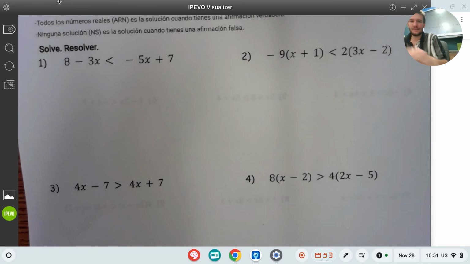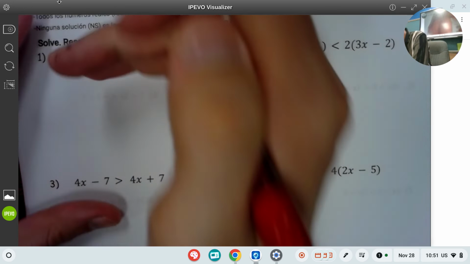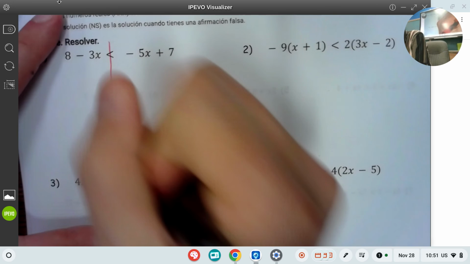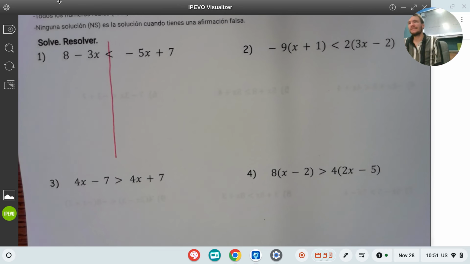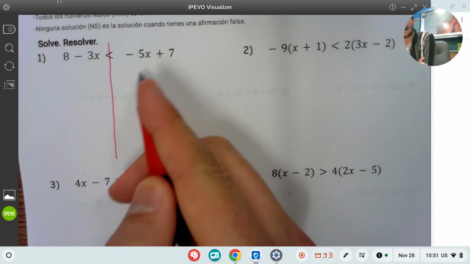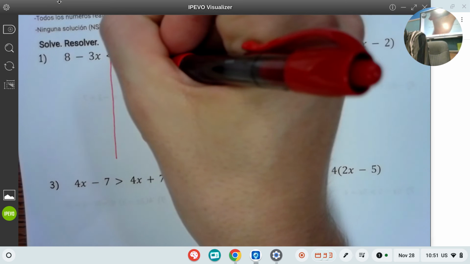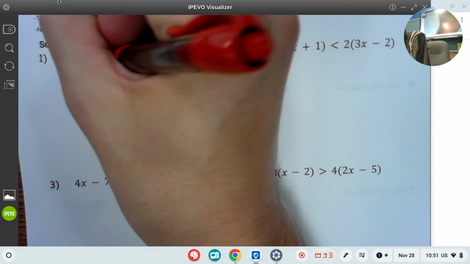Let's see what happens when we solve the first question. I'm going to put a line down the equal sign. Today especially, guys, we want to move the x's first. So look on the right side if you have any x's and move these x's first. We're going to want to do plus 5x, plus 5x.